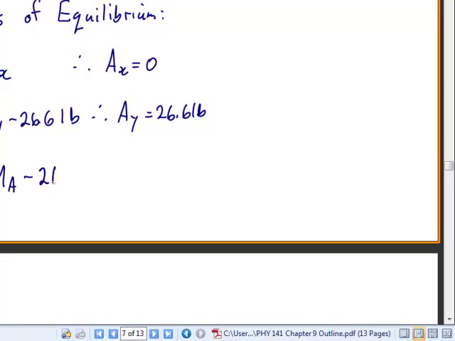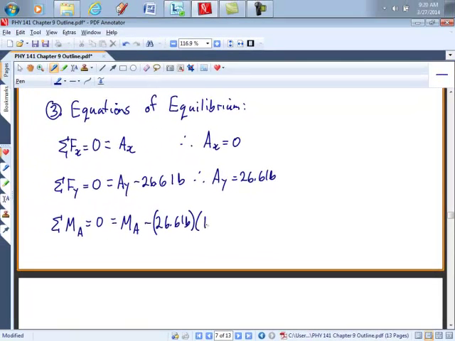Minus 26.6 pounds times 1.20 feet. Therefore, MA equals 32.0 foot-pounds.